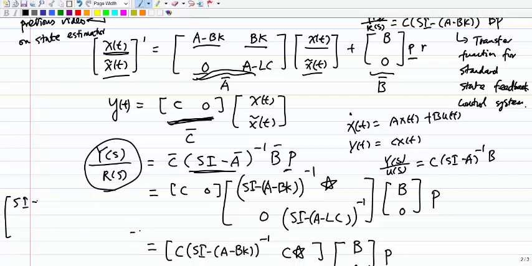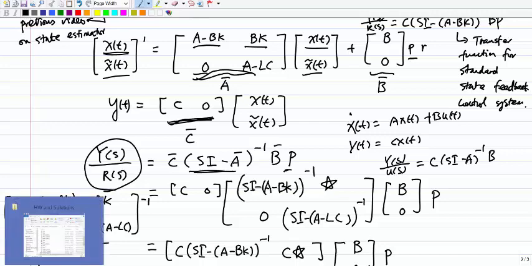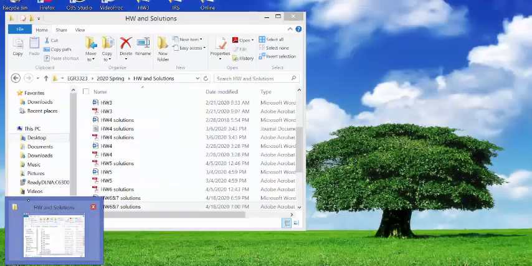S I minus A minus BK, this is minus BK, this is 0, this is SI minus A minus LC. So this part is S I minus A bar. Here I will have a different dimension.